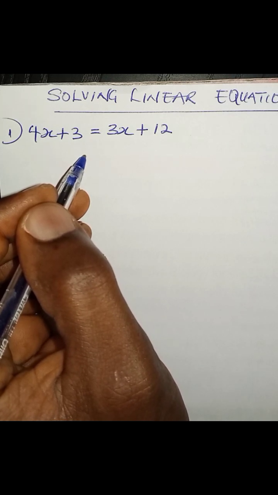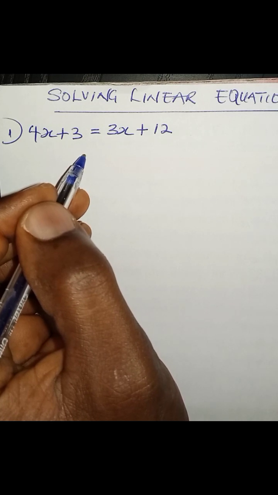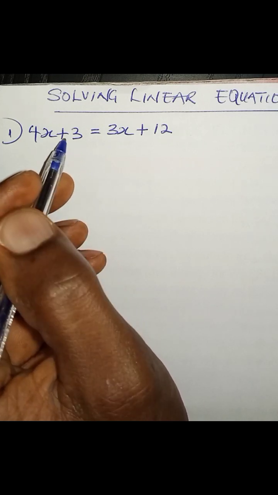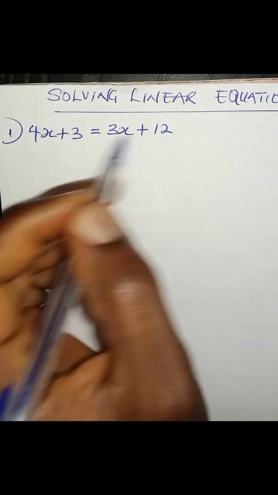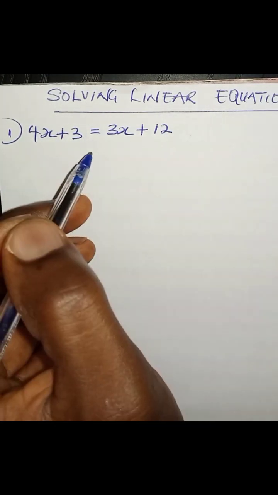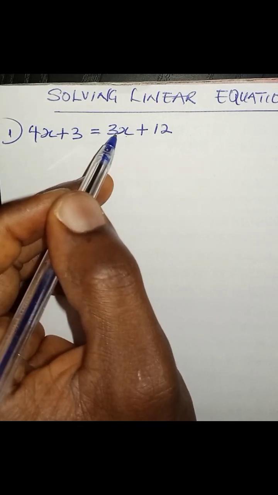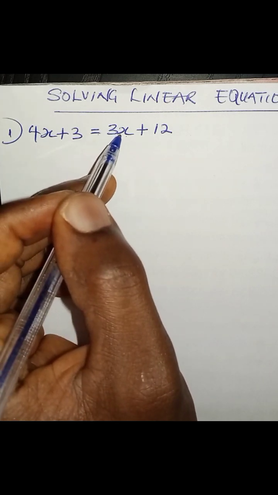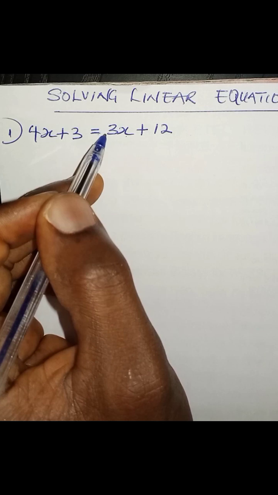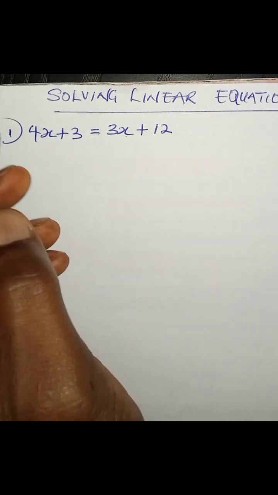Then another thing we need to know is that when a number is crossing an equality sign, the sign will change. Like when plus 3 would go to meet 12, the sign will change from plus 3 to minus 3. And this 3x has a plus sign before it. When it's crossing this equality sign to come and meet 4x, it will change from plus 3x, that's the invisible plus sign before it, to minus 3x.